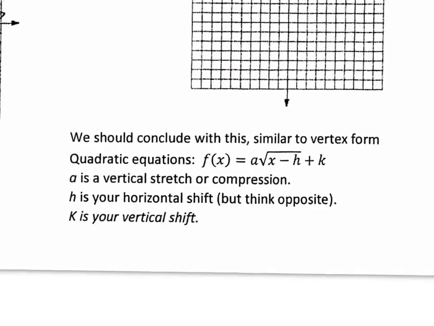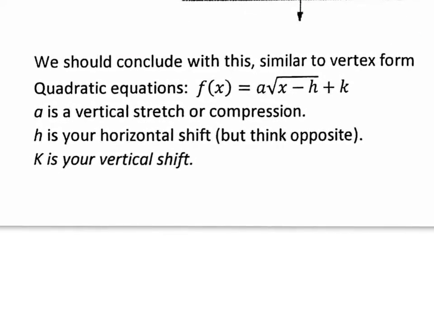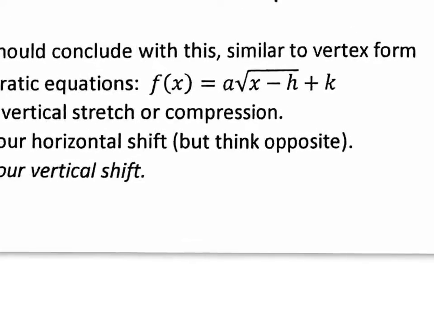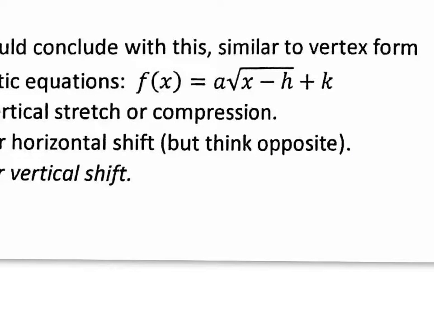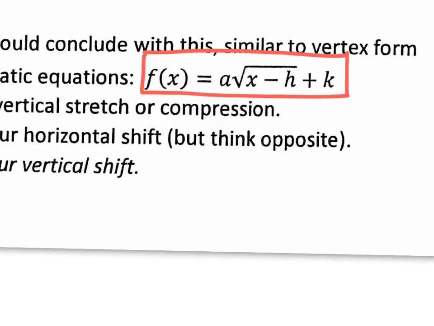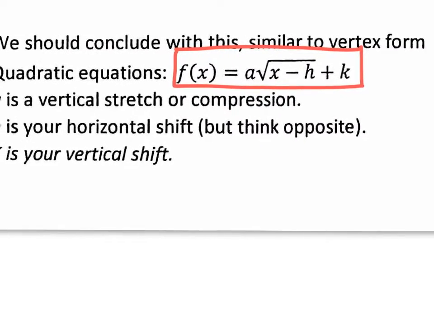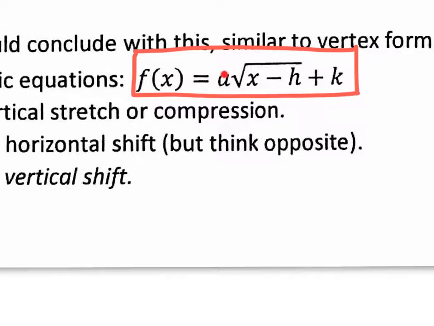So let's jump to the notes over here. And right here it gives us the form that we need so we could clearly see our h and k values. And it tells us right here in our notes how the a value affects us. Now we already know if a is negative, it gets reflected on the x-axis.